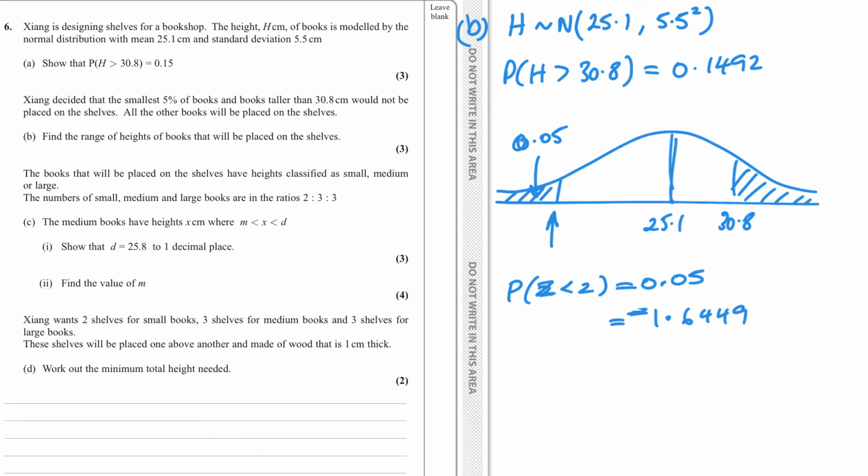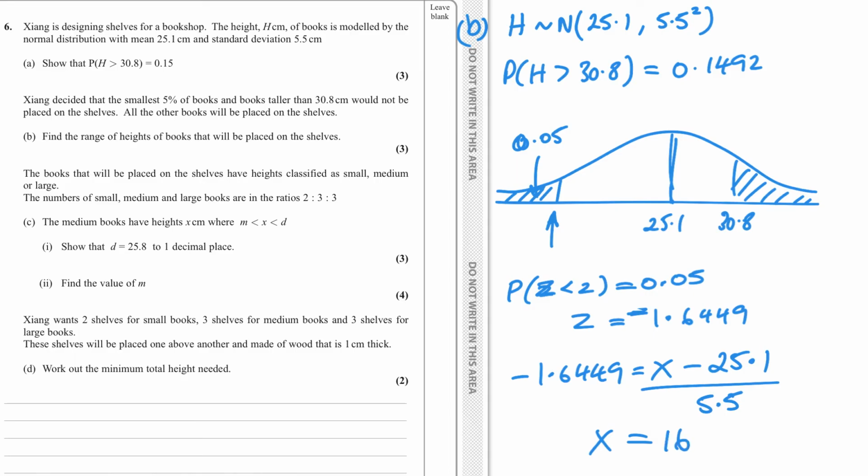Now, that's going to be my value of z. So if you think about it, this is going to be equal to x minus my mean all over my standard deviation. And I want to rearrange to make this x equals. So my minus 1.6449 times 5.5, then add 25.1, and then I get 16.05.